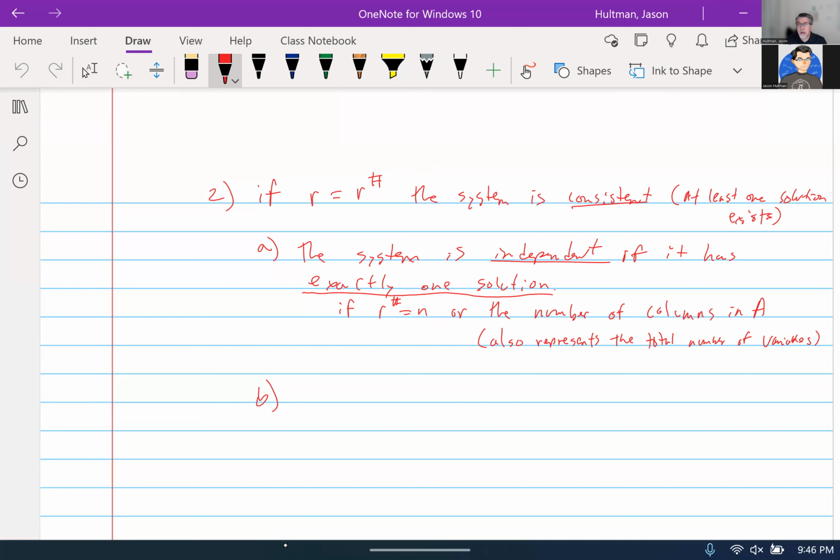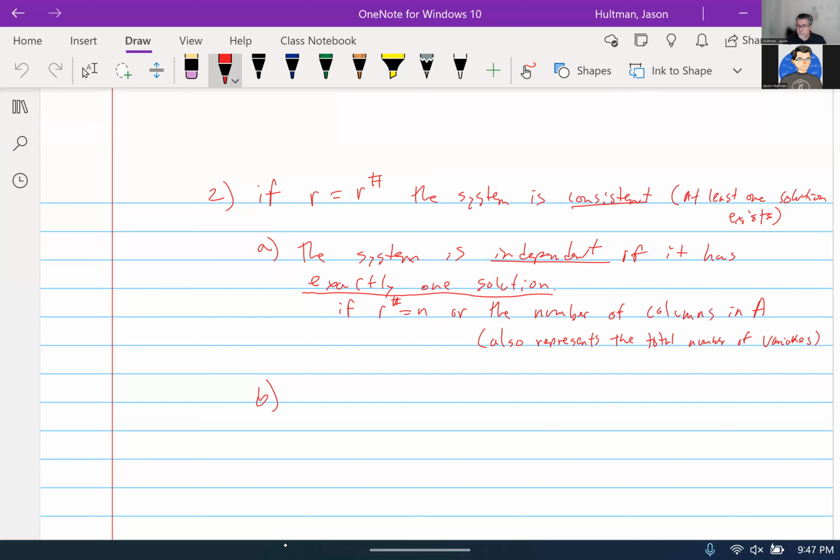Just think of a line. A line is a very specific relationship between two values, but it does go on forever. So there are an infinite number of solutions, but not every point in the universe is on that line. It's a very special relationship between the input variable and the output variable, between the domain and the range, between the x and the y, however you want to define it.